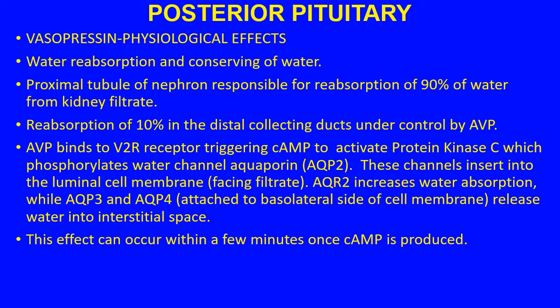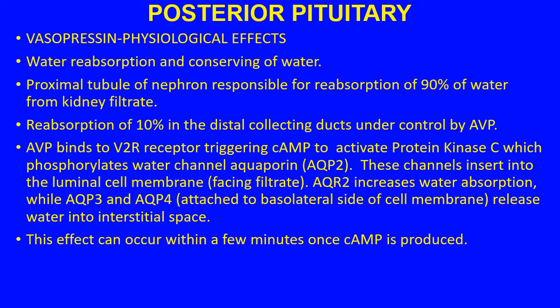This is facing the filtrate. This is part of the tubules, the collecting duct and the distal part of the tubule. So what happens? AQP2, increases the water absorption, pulls even more water. Now the water is going inside the cell.